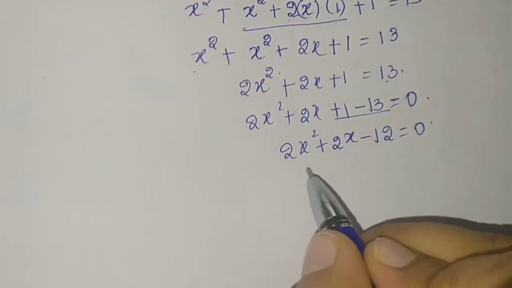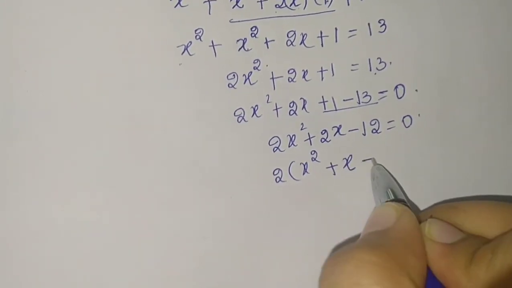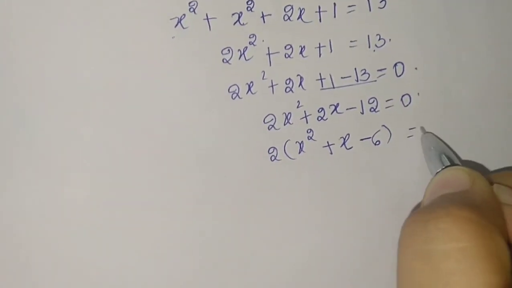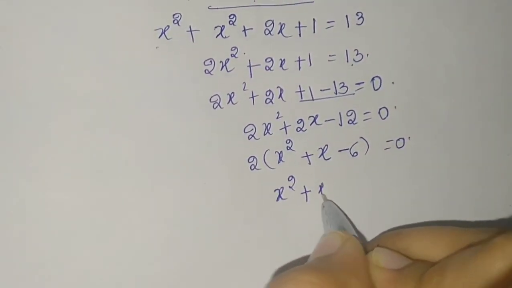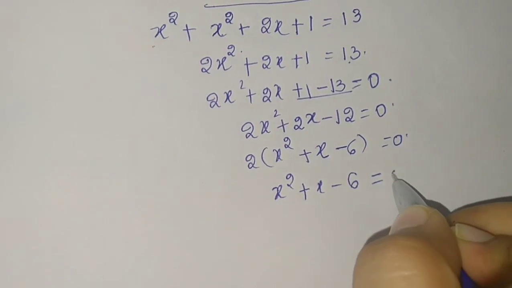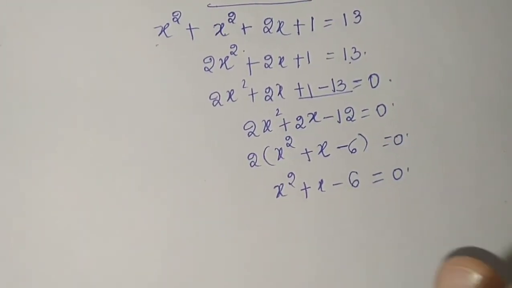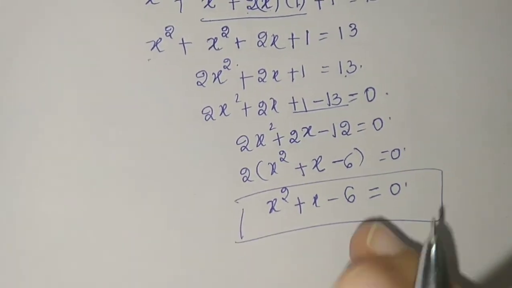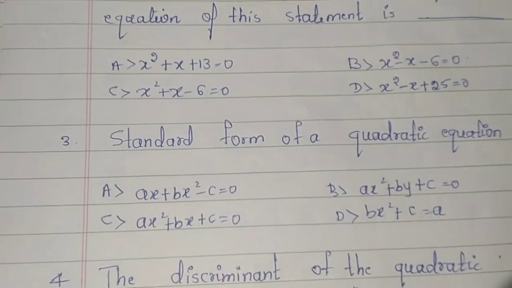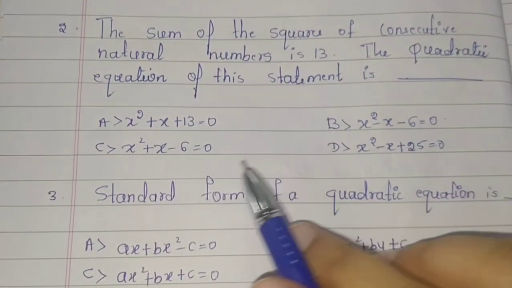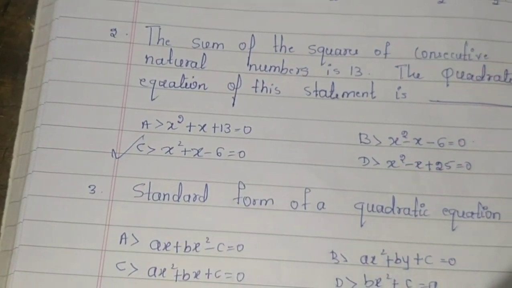So now here 2 is common, right? That is x square plus x minus 6 (2 sixes are 12). So this will be is equals to 0. So now x square plus x minus 6 will be is equals to 0 divided by 2, right? So 0 divided by 2 is again 0. So for that sake the correct answer is x square plus x minus 6 is equals to 0. For that sake we can see here the correct option, x square plus x minus 6 is equals to 0 is the correct answer.